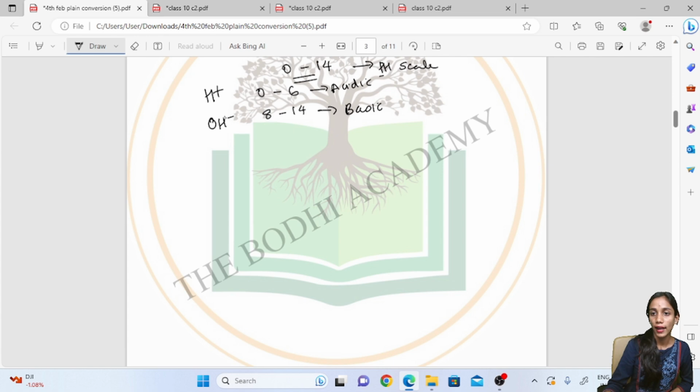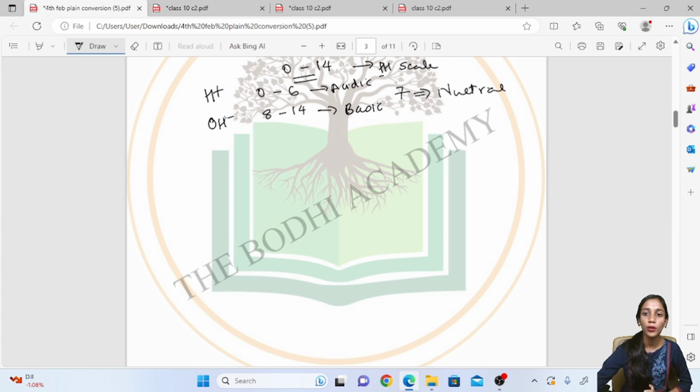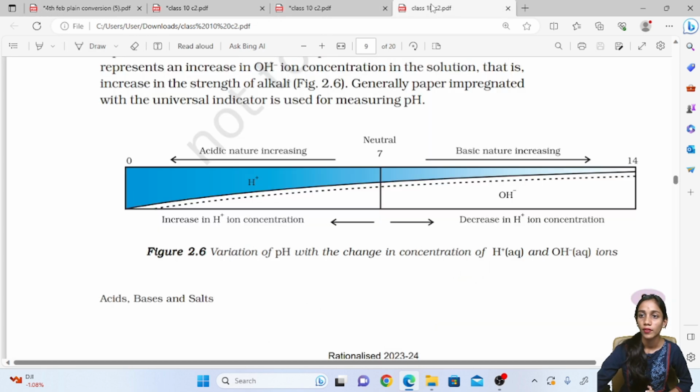And what is remaining is 7. 7 is for neutral, which is neither basic nor acidic, it is in between. Now how do we read this?